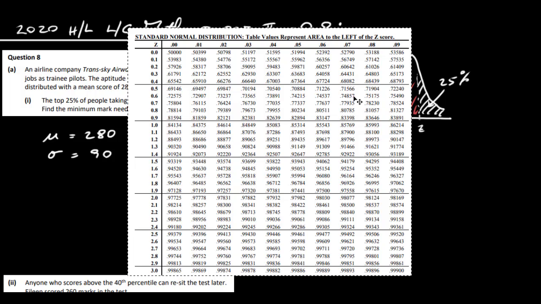So our z value is going to be somewhere between these two. The first one is 0.67, and the second one is 0.68. So I'm going to use 0.675, somewhere in between these two. 0.675 will give us roughly 75% probability.